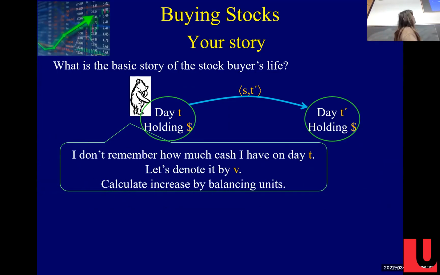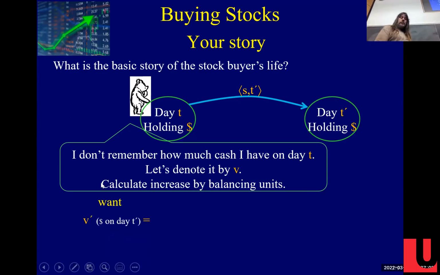Right. So this is just saying I don't remember how much cash I have. I have cash. I don't know how much. So the point is how much does it increase by a percentage? So V, I guess, is how much cash you have here. We don't know what that is. And this is buying, this is a little math for those people who want to struggle with the math, right?